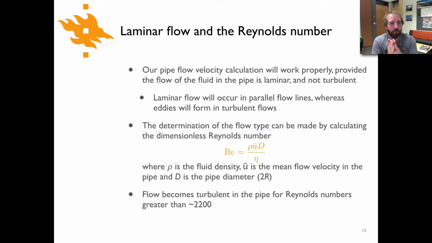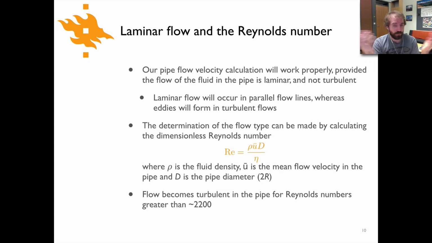Laminar flow means that the fluid is flowing in parallel flow lines, so all the velocity vectors within this fluid are parallel to one another. In turbulent flow, you start to develop eddies and little currents and small-scale circulation within the pipe. And obviously, our velocity equation is not intended for that case.